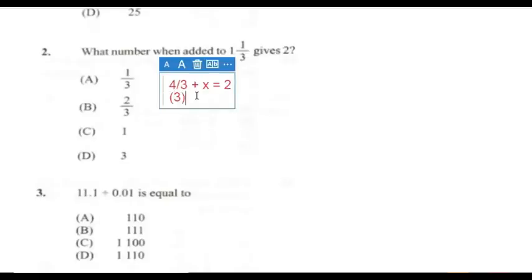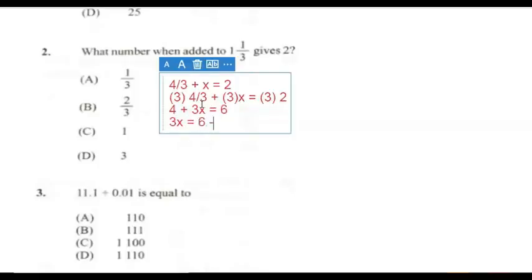So it will be 3 multiplied by 4 over 3 plus 3 multiplied by x is equal to 3 multiplied by 2, and we'll get 4 right here, as this 3 will cancel with this 3 and leave us with 4 plus 3x equal to 6, and therefore 3x is equal to 6 minus 4, and 3x is equal to 2, and therefore x is equal to 2 over 3, as the 3 was multiplying on the left hand side.